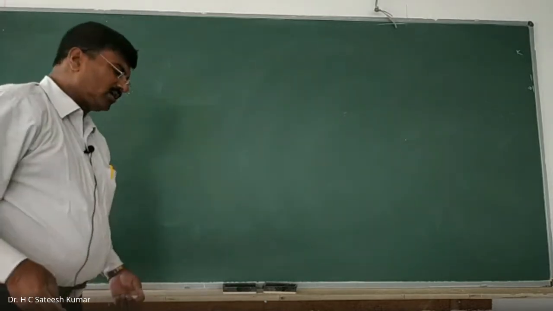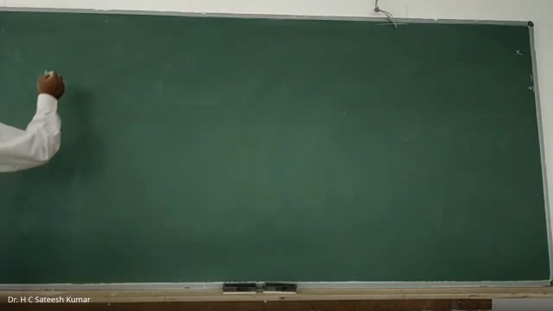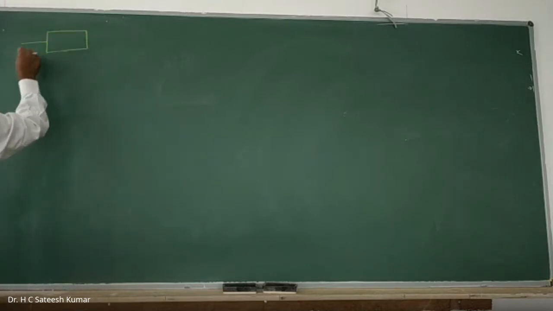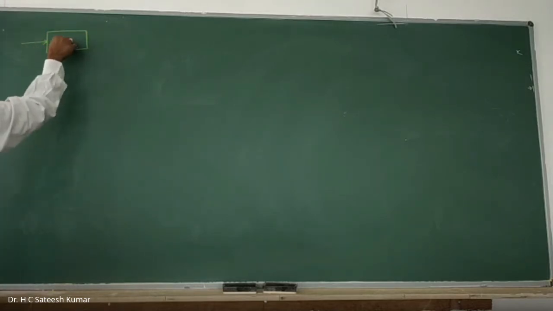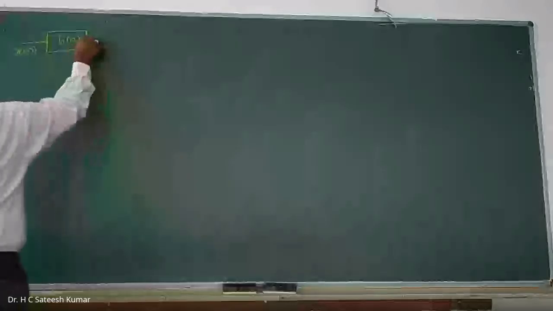So the question is different. Observe carefully. First understand the question, then we can easily do the problem. This is a combination of the first module and the second module. The question is something like this. There is a discrete LTI system with impulse response h of n. Input is x of n, output is y of n.